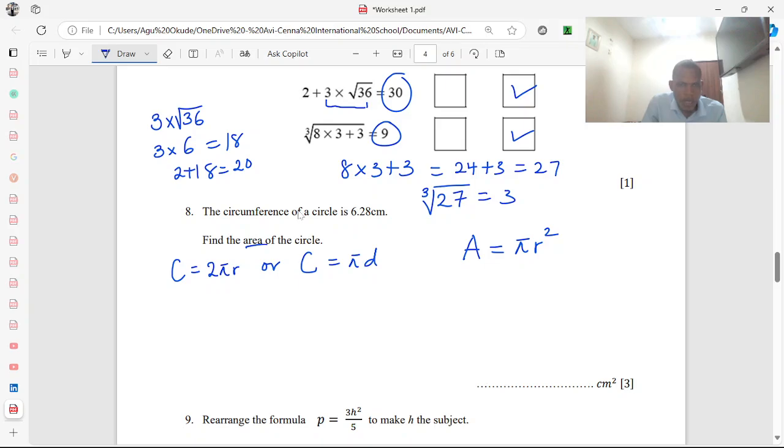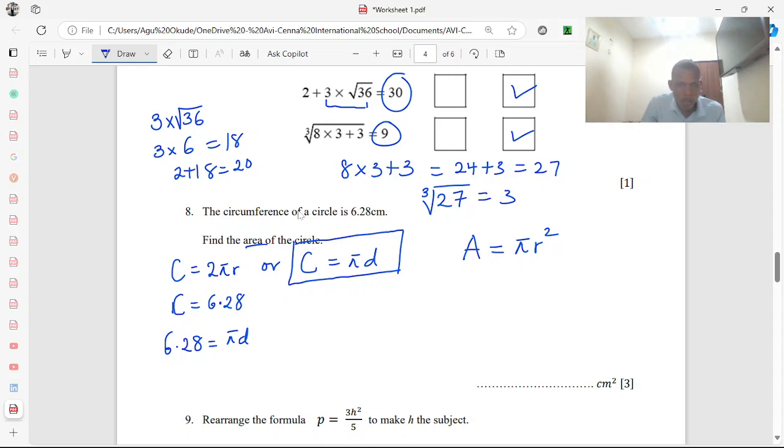Now in the question we are given the radius already. Oh no, sorry, we are given the circumference. Our circumference is actually 6.28, right? So I'll write 6.28 is equal to pi d. I am using this one to solve this, but you can use 2 pi r and you get the same answer, okay?